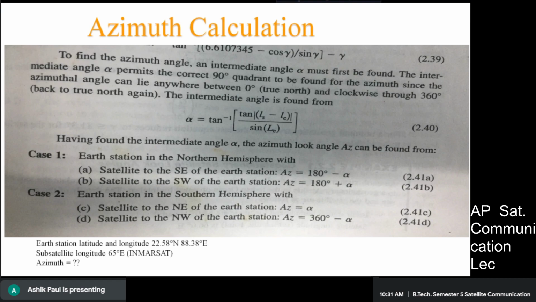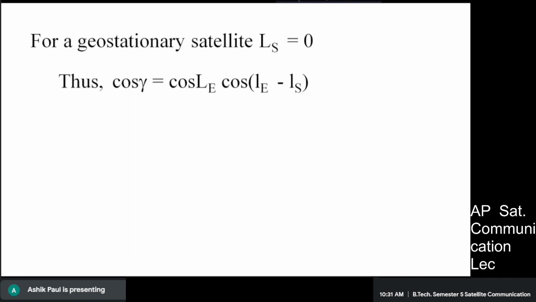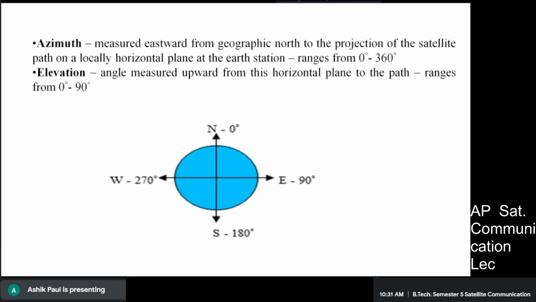Yes, so the value of this azimuth will be around 228 degrees. So when we say it's around 228 degrees, that means that the satellite, at 65 degree east, is southwest of our station. So it will be located in this particular quadrant. We had started from a very general understanding that for tracking a geostationary satellite from a location in the northern hemisphere like Kolkata, the satellite could be located in either of these two quadrants in terms of the azimuth.